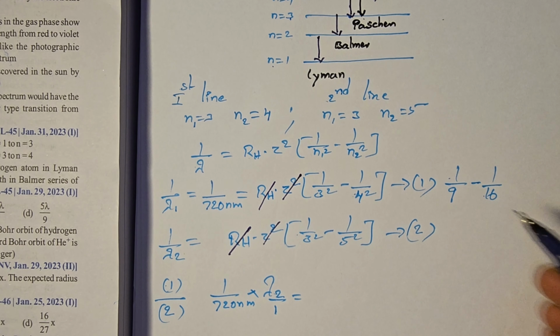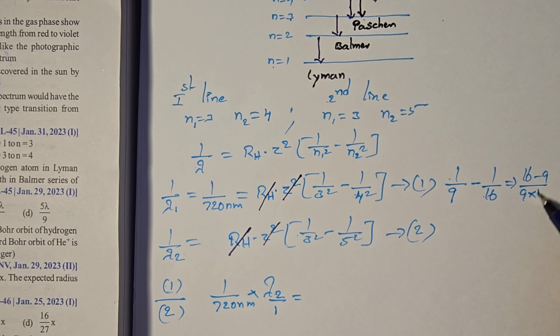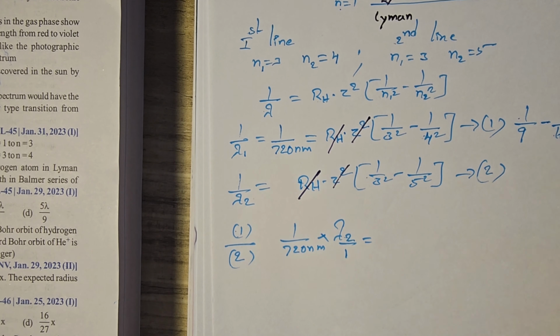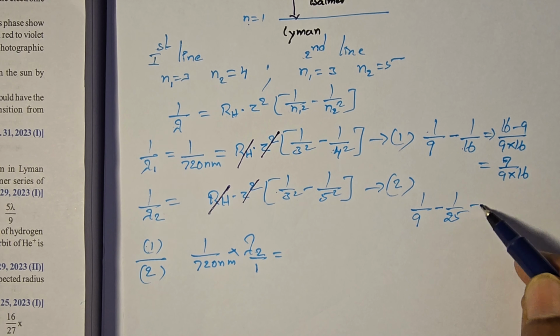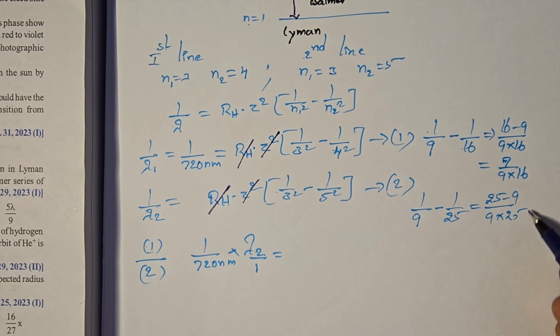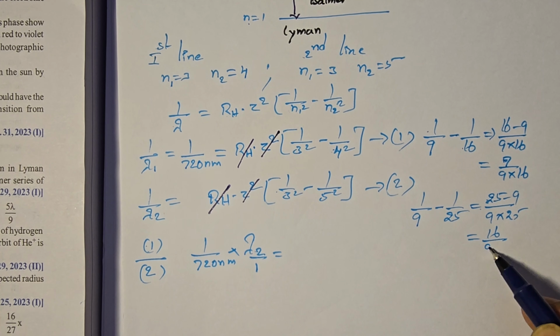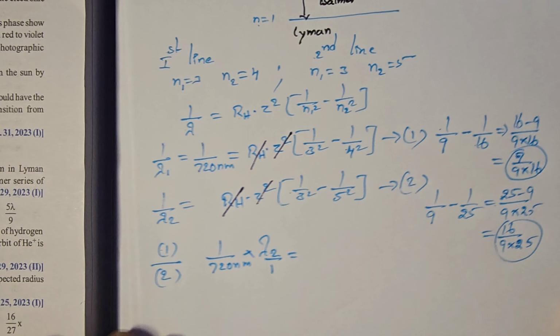After simplifying, (16 minus 9) by (9 into 16), so 7 by (9 into 16) is remaining. Here, 1 by 9 minus 1 by 25, that means (25 minus 9) by (9 into 25), so 16 by (9 into 25) is coming.